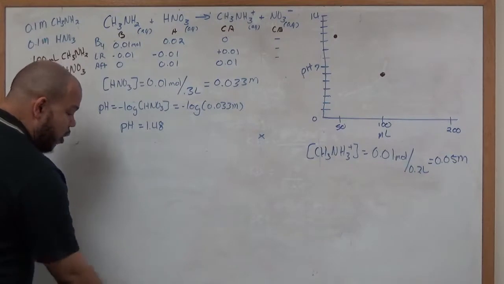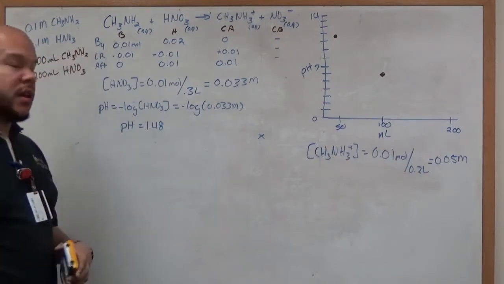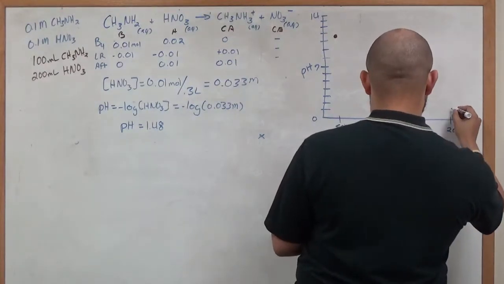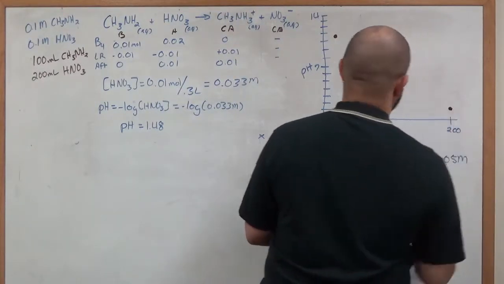Extremely acidic once this solution is beyond equivalence, and so we got about 1.5, which is roughly about there.